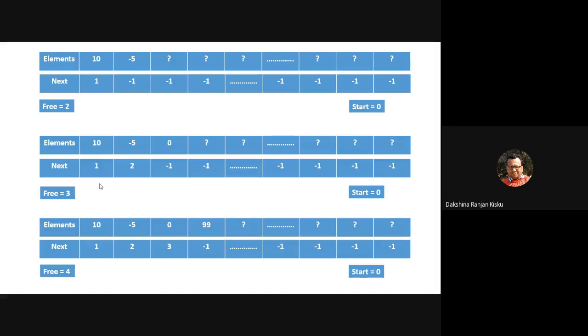Accordingly the values at the zeroth, first, second and third index will be changed in the next array, and still the start variable is 0.